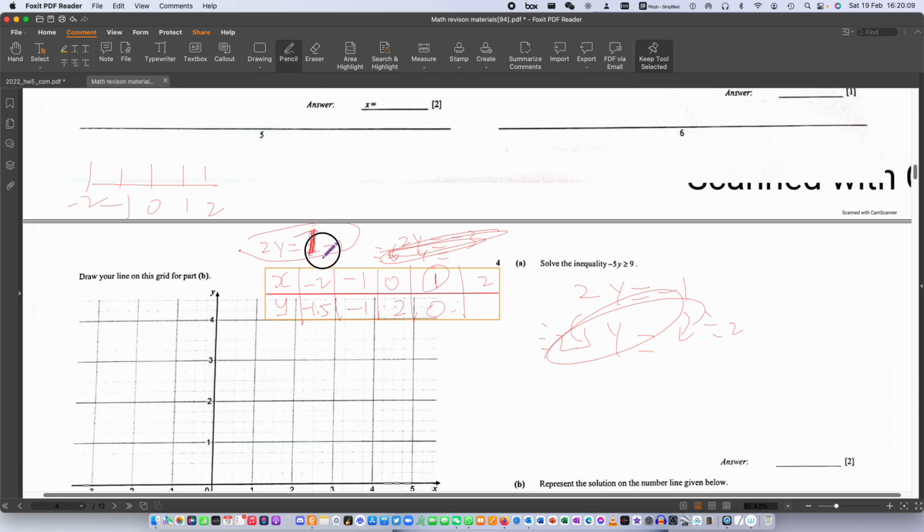I put the 2 in. 1 divided by 2. 0.5. Good.